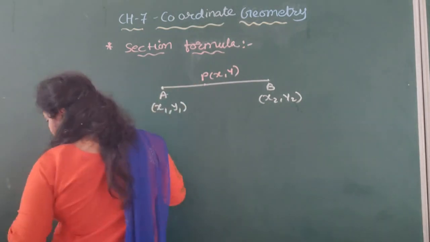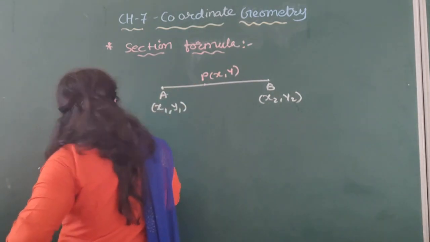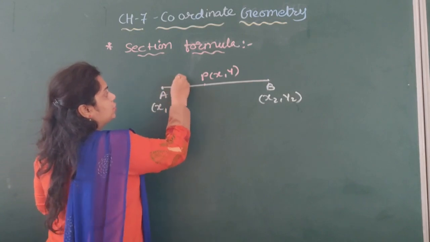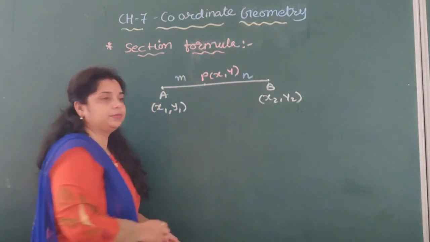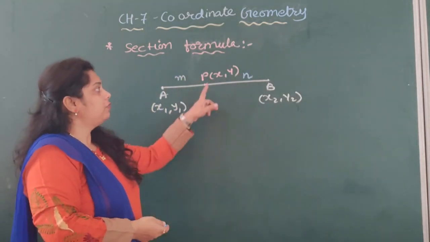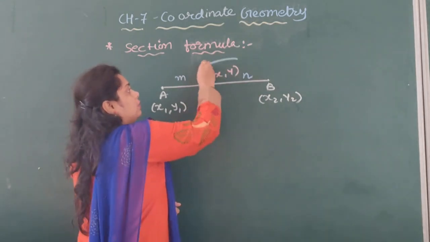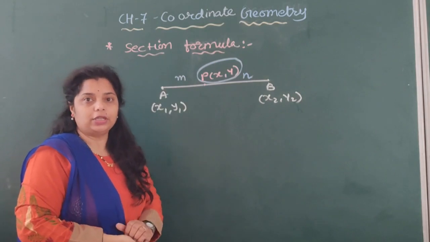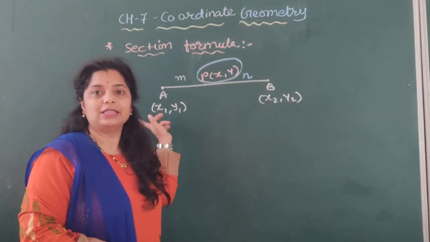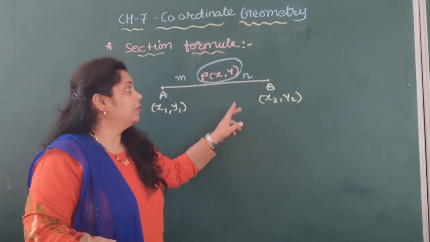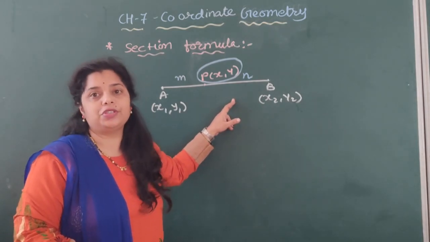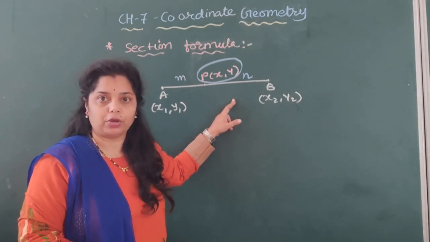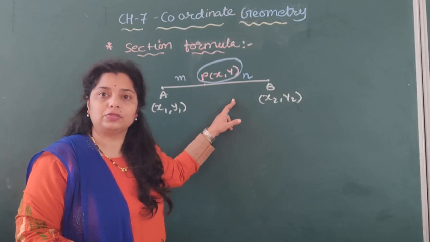And if P divides the line segment in the ratio m is to n, then we want to find out the x coordinate and y coordinate of the P which divides the line segment, and we can use the formula which is called the section formula. Okay, so how to get the section formula?